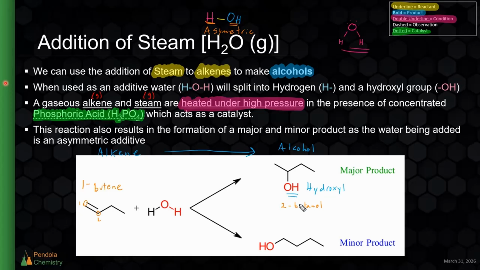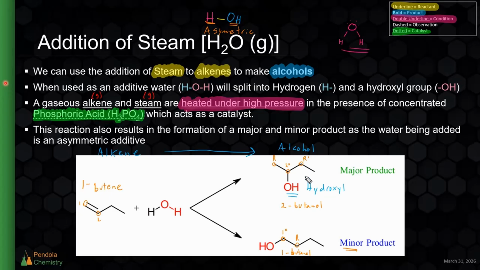Why is 2-butanol the major product? Because the carbon that the hydroxyl group is bonded to is a secondary carbon. It has 2 R groups, 2 carbon chains bonded to it. On the other hand, if we attach the hydroxide to carbon 1, we get 1-butanol. 1-butanol is still made, but it is the minor product because the carbon the hydroxyl group is attached to here is a primary carbon with only 1 R group attached to it.